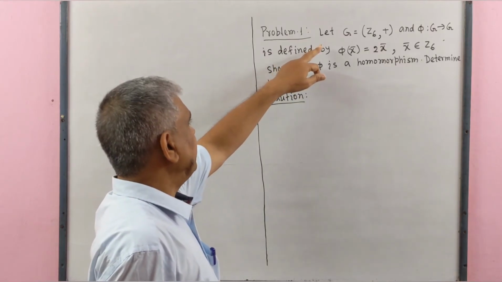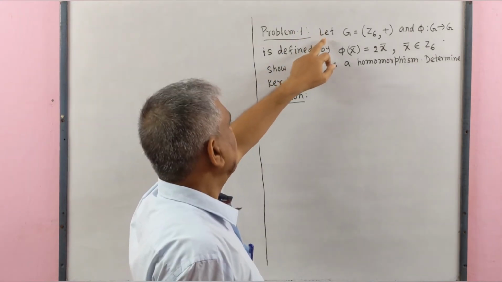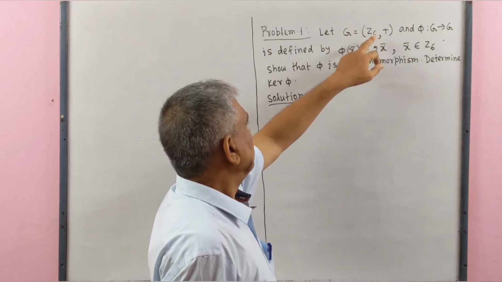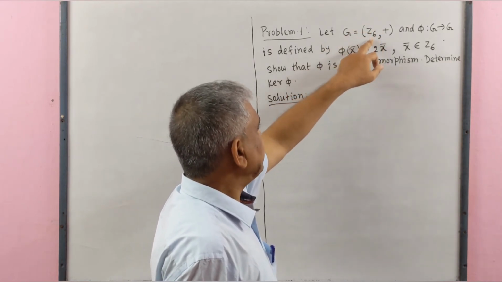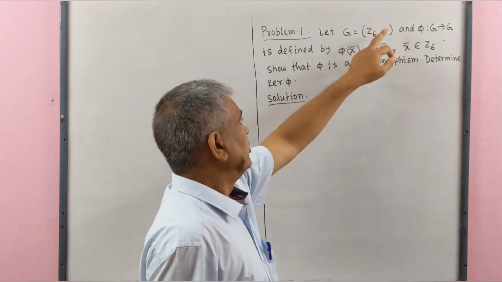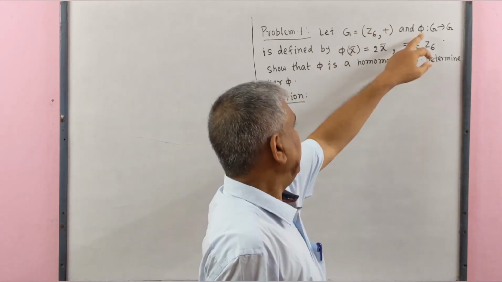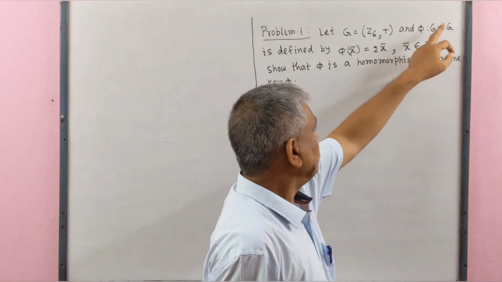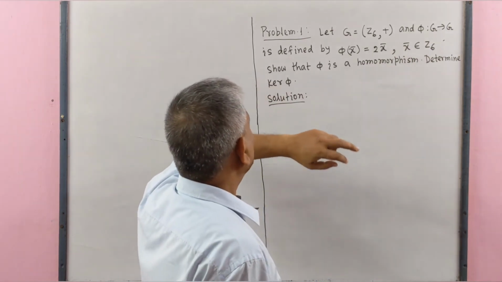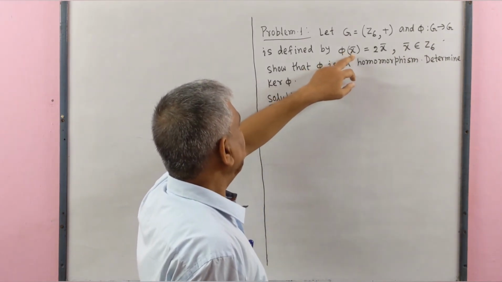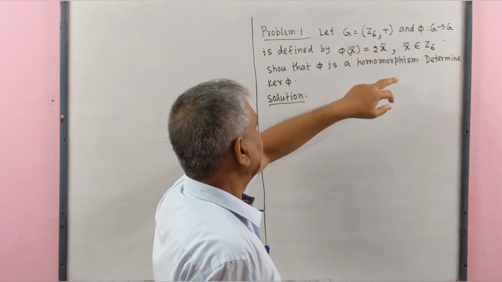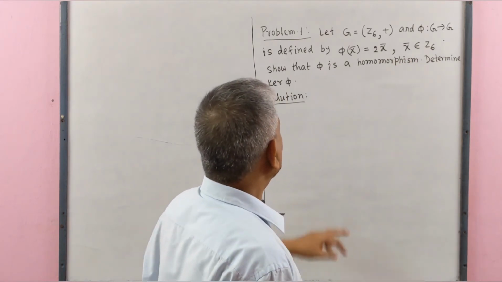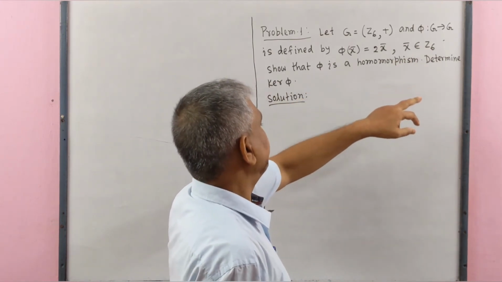Now we solve a problem. Let G be a group which is equal to Z6 with binary operation addition, and phi is a mapping defined on group G into group G by phi of x bar equals 2x bar, where x bar belongs to Z6, so that phi is a homomorphism.